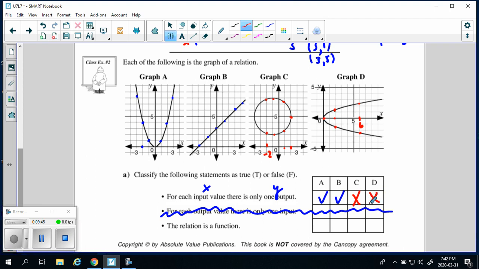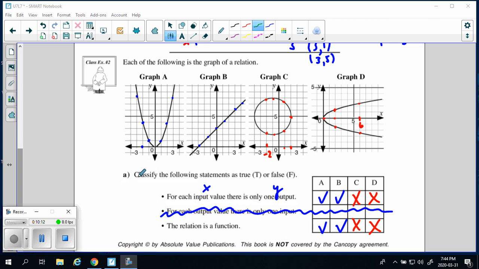And there are multiple output values for at least some of the input values. So when we're trying to decide if this is a function, you only need this condition. If there are multiple outputs, then it's not a function. And if there's only one output value for every input value, that is a function.